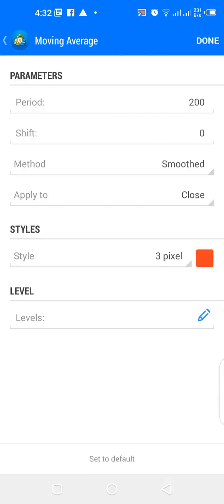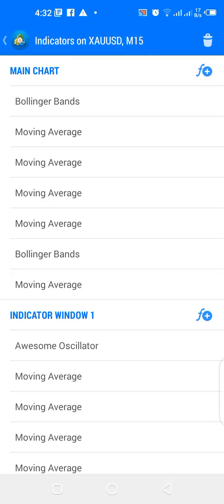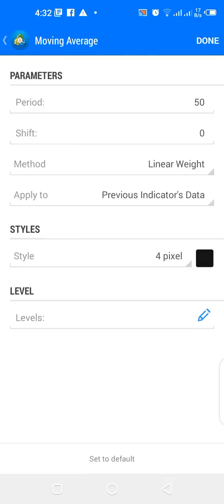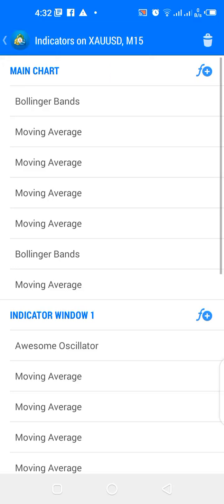We have 200 period, smoothed, apply to close, color is red. Then we have 14 period linear weight, previous indicators data, color is orange. And we have 50 period linear weight, previous indicators data, color is black.